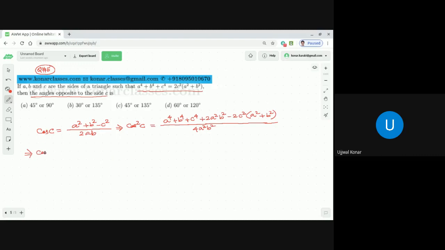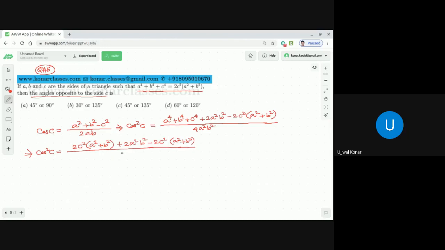So what we get, dear students, cos square C is equal to a power 4 plus b power 4 plus c power 4, which becomes 2c square into (a square plus b square) plus 2a square b square minus 2c square into (a square plus b square).